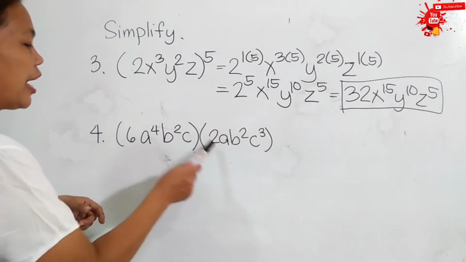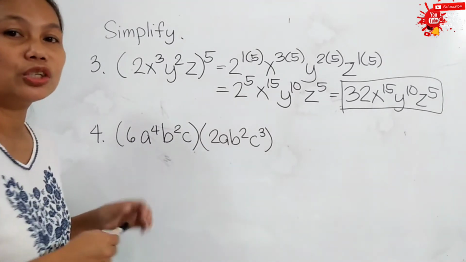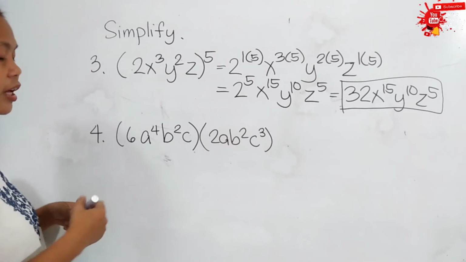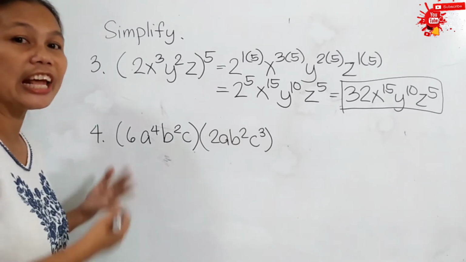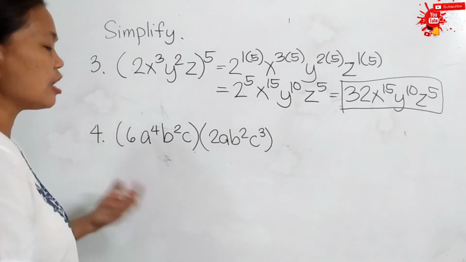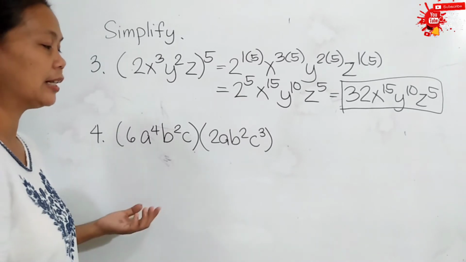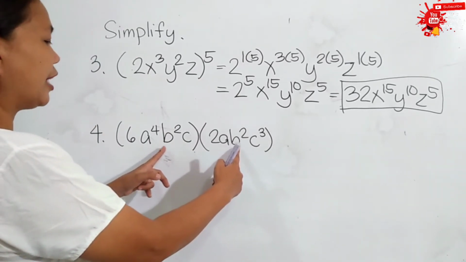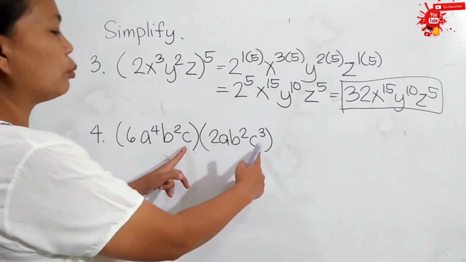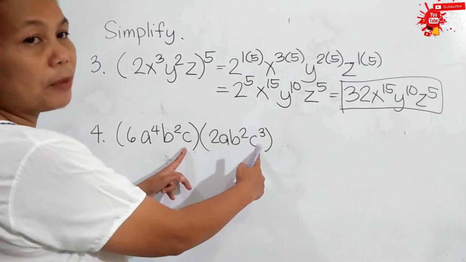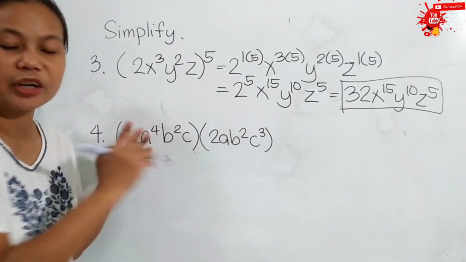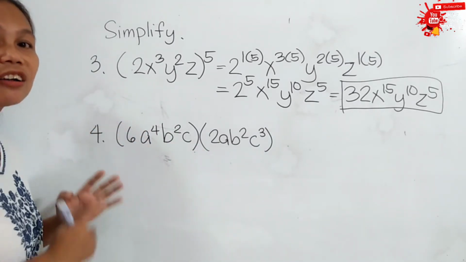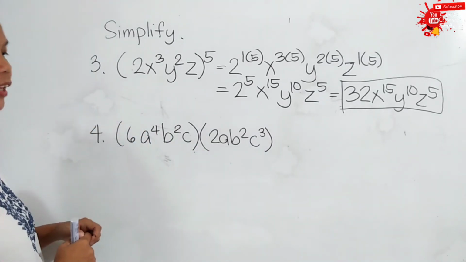And we will multiply the corresponding numerical coefficient. And take note that we can only add the exponent if and only if we have the same base. So we will add the exponent of a, we will add the exponent of b, and then we will add the exponent of c. Okay? So we call it the product law of exponent.